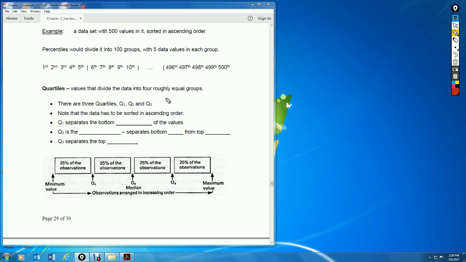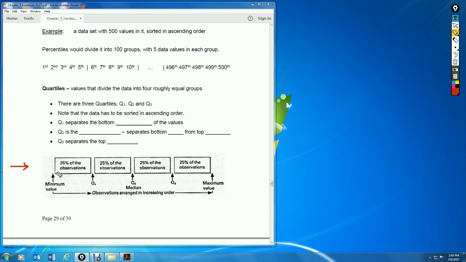All right, so there are 3 quartiles, Q1, Q2, and Q3, because we only need 3 quartiles to divide the data into 4 parts. So it basically looks like this down here.